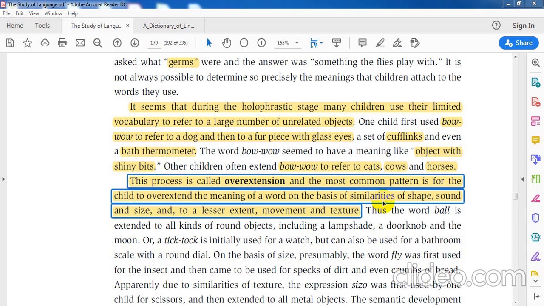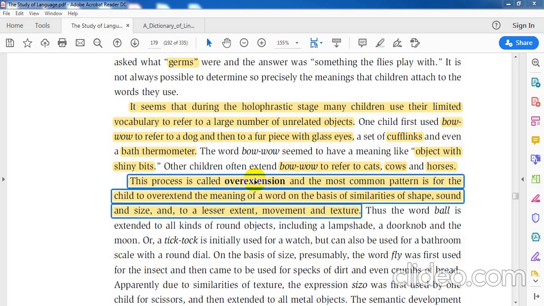When a child recognizes something similar in shape, maybe in sound or maybe in size, they may, for example, use the word apple to mean ball, or use ball to mean apple, to mean moon, or that child may use the word dog to talk about different species of animals. So this is what is meant by overextension.